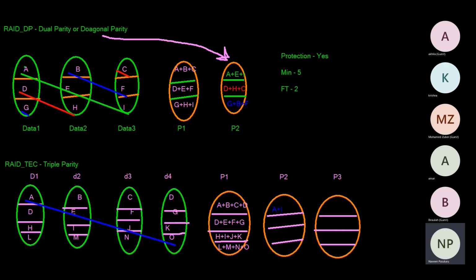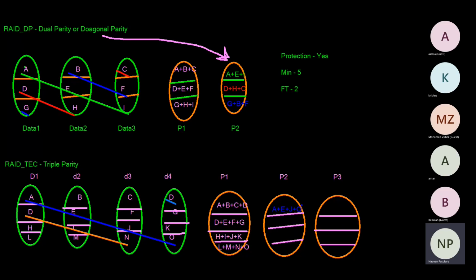I'm just giving you an example, A plus E plus J plus O. Next, E plus I plus N plus, sorry, I took it two times.